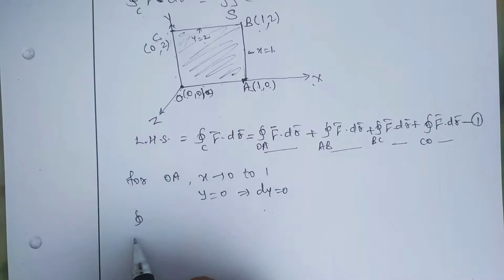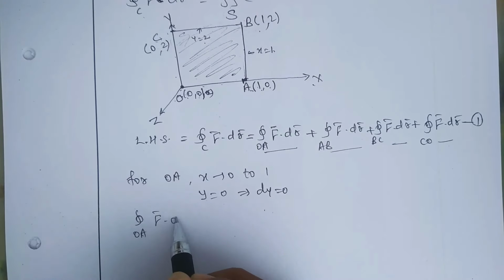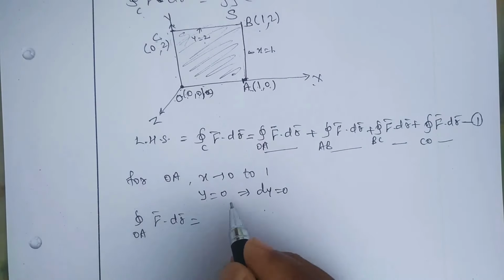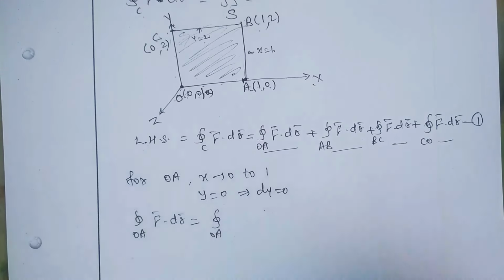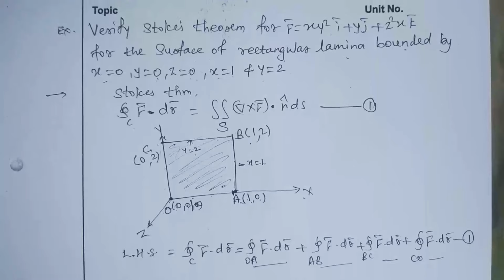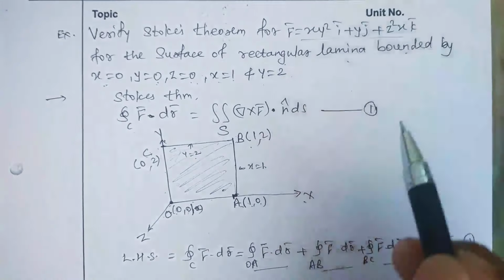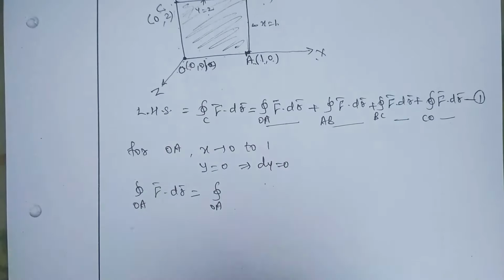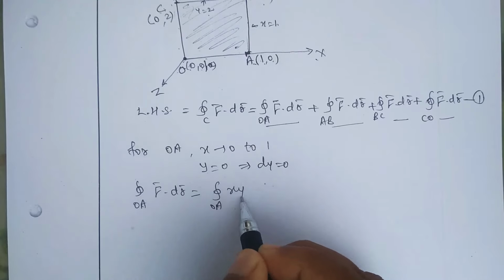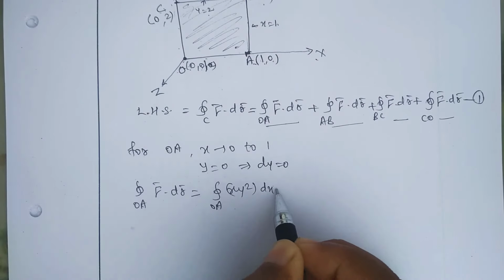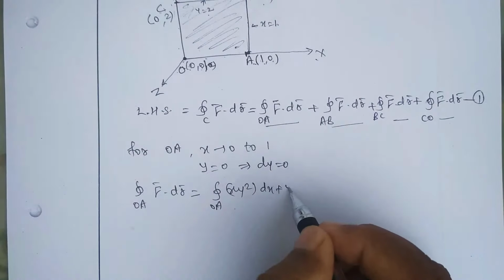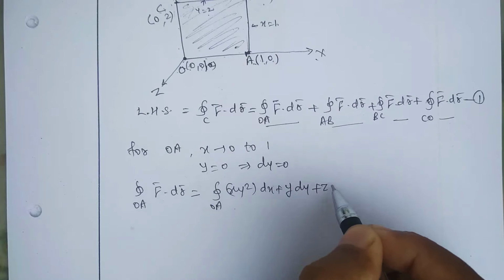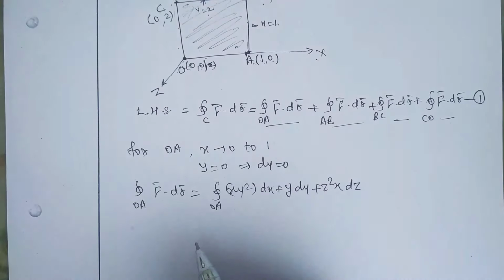Therefore the integral over OA of f bar dot dr bar equals the integral over OA of f bar dot dr bar, where f bar is given. From this we can calculate f bar dot dr bar as xy square dx plus y dy plus z square x dz.